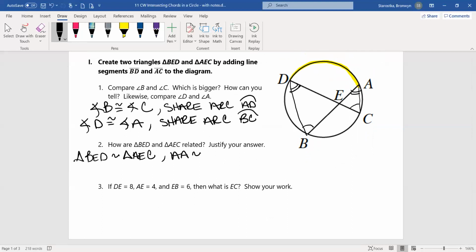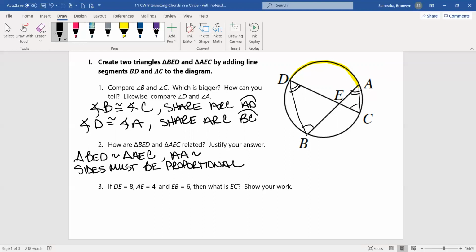And if we know that the triangles are similar, then we know that the sides must be proportional. They're going to have the same scale factor.